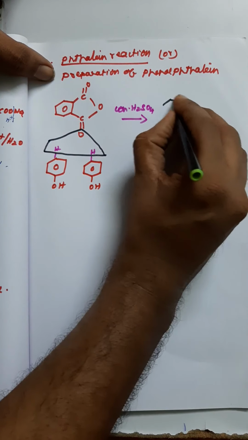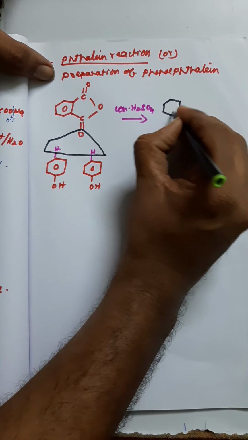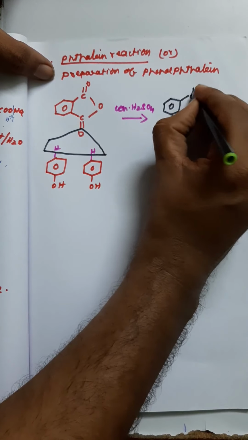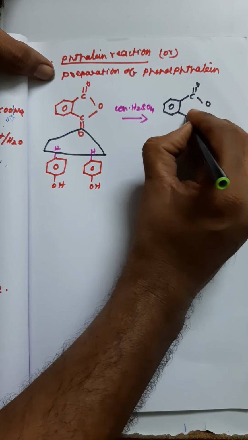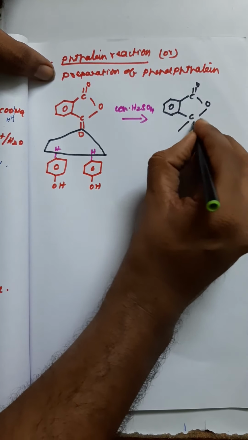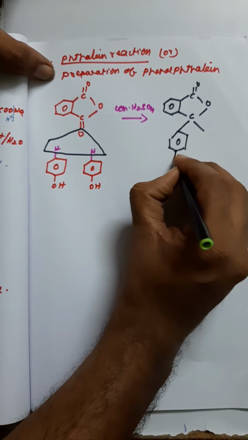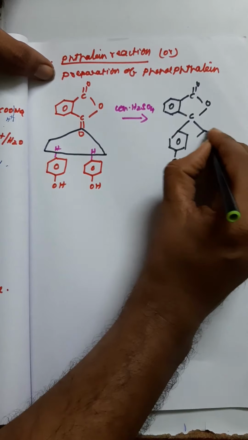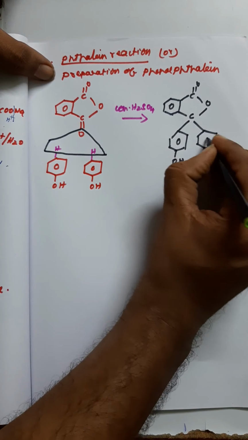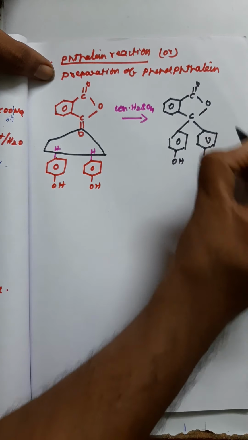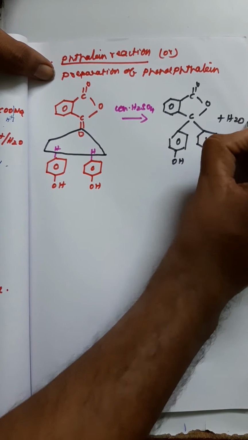Benzene, C double bond O and O, C and OH and OH. So this is the phenolphthalein indicator formula.